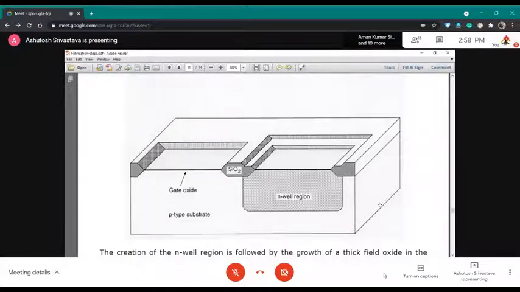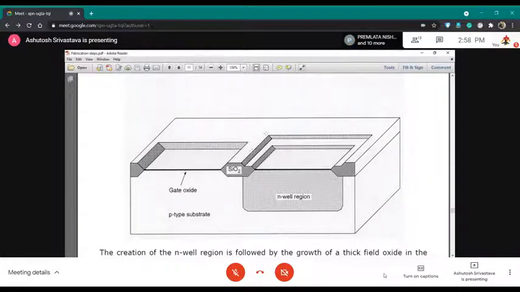CMOS is complementary metal oxide semiconductor, and it has both NMOS and your PMOS. So you're having two different types of transistors. So again, you will have a thicker silicon dioxide or the field oxide between these two transistors.